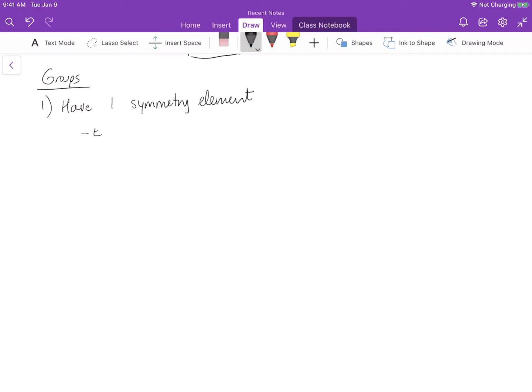So this only has E, so everything has E. And so basically if we have, for example, this copper complex that has 4 different substituents, the point group is called C1. So that, if you can't find any symmetry, is what it'll be.